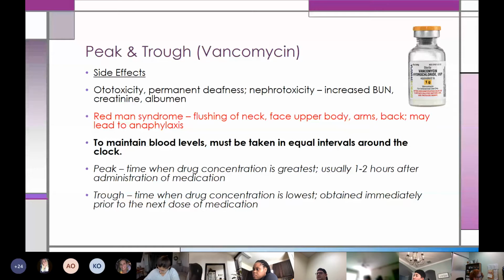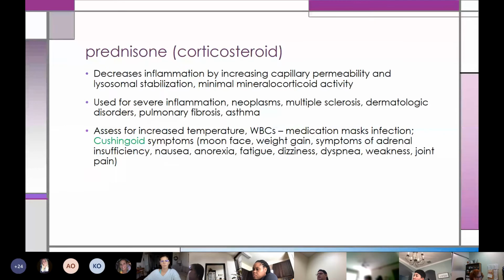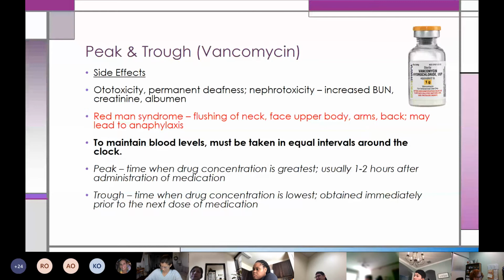Remember with vancomycin, and many of the mycins like gentamicin, we're usually going to do some peak and troughs. And the reason for that is because we want to make sure that the blood level stays therapeutic 24 hours a day. So what I did here is I put peak and trough and what it means and what the differences are, okay? The peak, remember, is the time when the drug concentration is greatest, usually a couple of hours or maybe an hour after we administer the drug, all right?